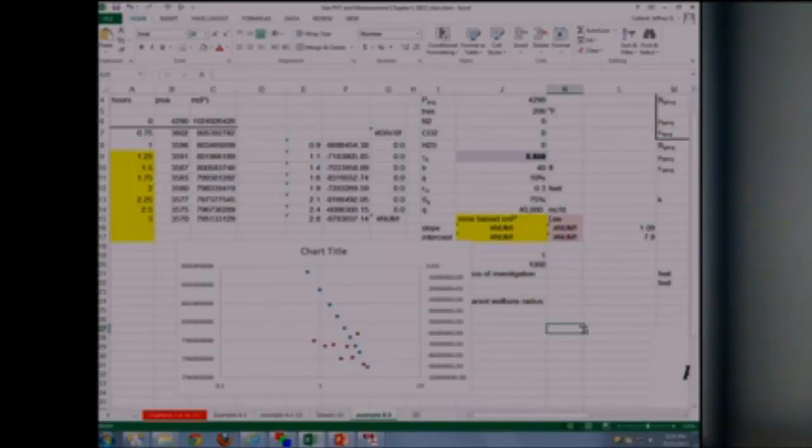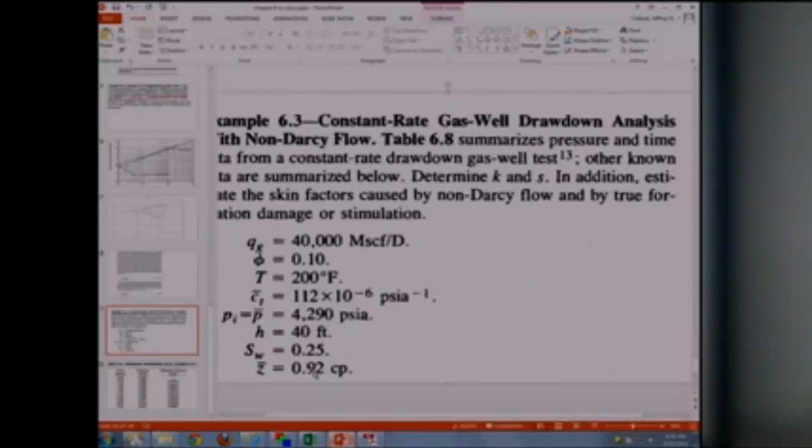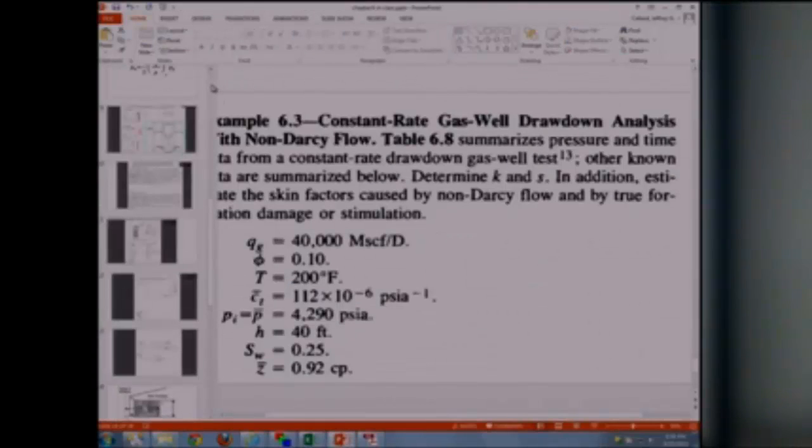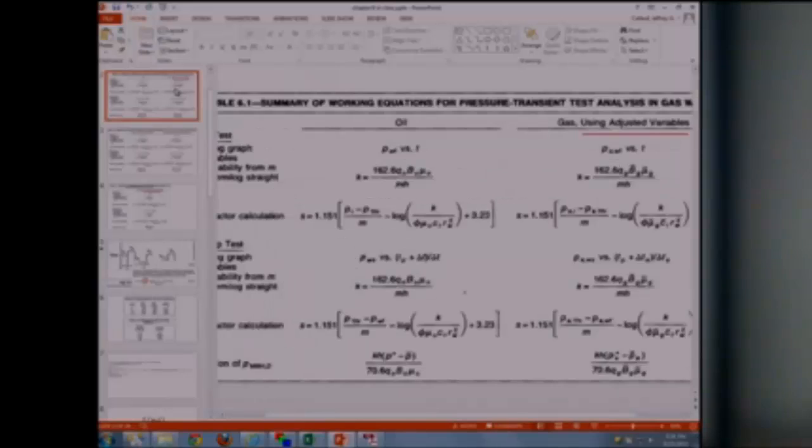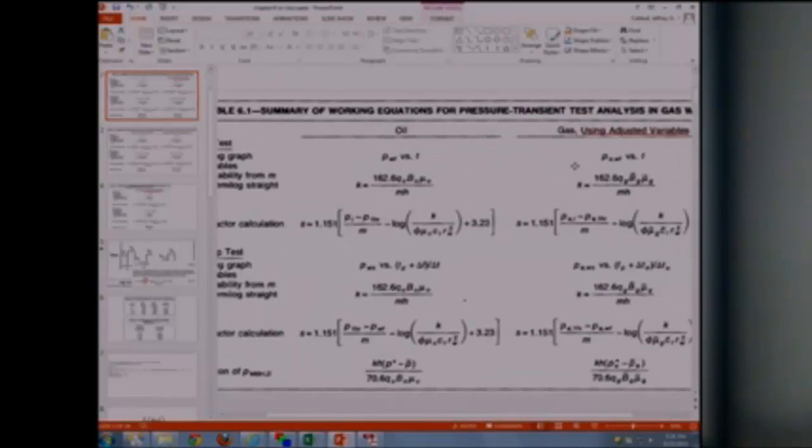And you know that we're going to do a slope and an intercept, and we're going to use a permeability equation, except in our tables, we have an equation for utilizing pseudopressure. I got it in my PowerPoint. Using adjusted variables, here's the equation we have been using.